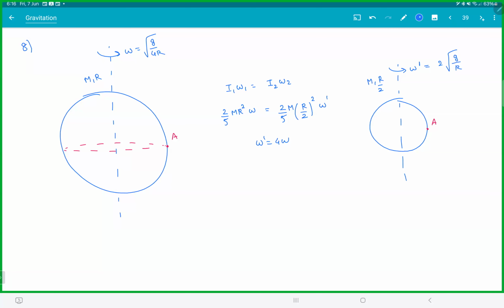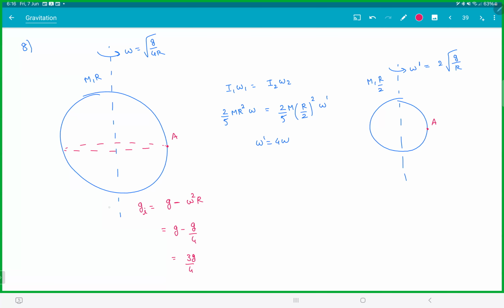Now, at this point, what is g apparent? Initially, g initial is g minus omega square r. So this would be g minus g by 4, which is 3g by 4. Fair enough.